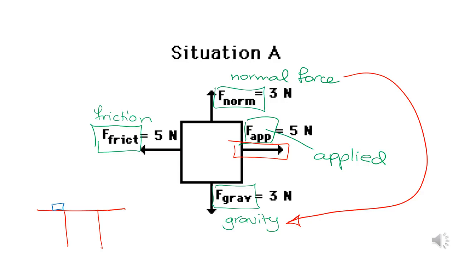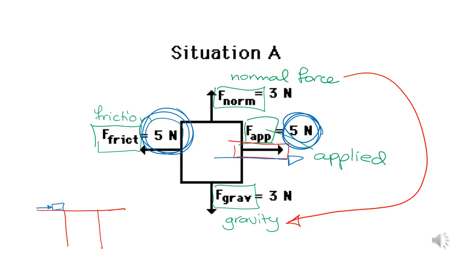Despite the fact that the arrow is on this side of the box, my force is being applied in the rightward direction. So you are pushing on this box from the left and pushing it right. Now, when you look at the size of this friction force, it's the same as the force that you're applying.